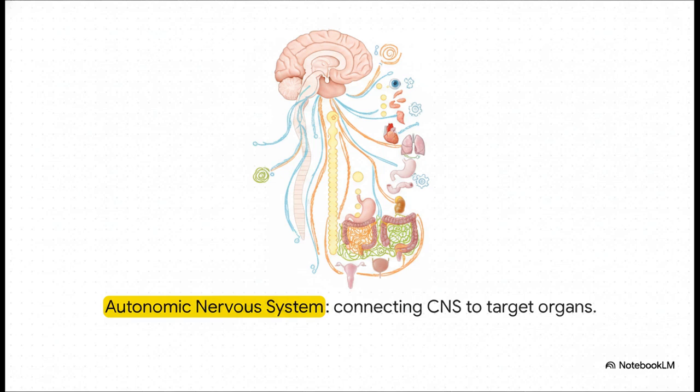From there, these thinly myelinated preganglionic fibers project out to peripheral ganglia, and then unmyelinated postganglionic fibers carry the signal out to literally every organ in your body. We generally divide this output into 2 main opposing forces, plus the highly independent third branch called the enteric nervous system, which runs the gut.